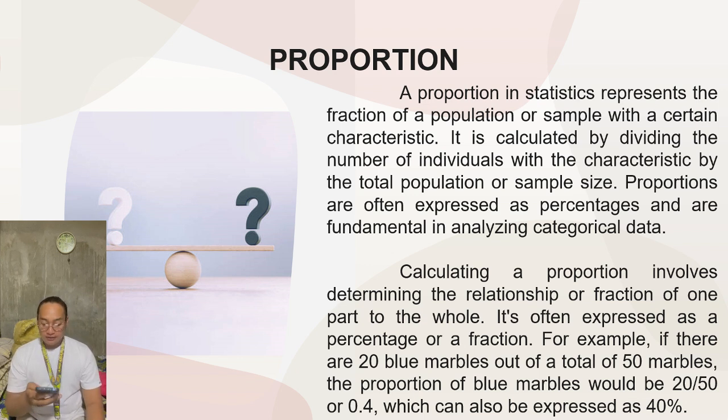For example, if there are 20 blue marbles out of a total of 50 marbles, the proportion of blue marbles would be 20 over 50, or 0.4, which can also be expressed as 40%.